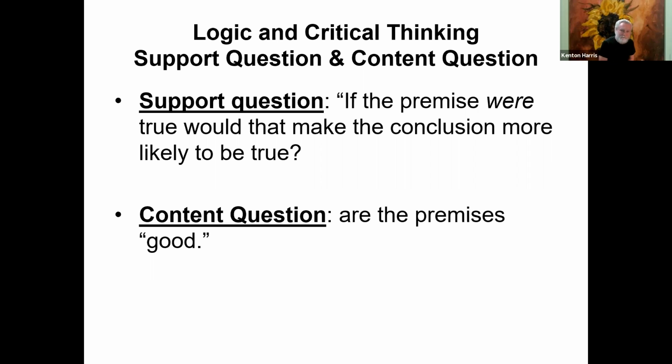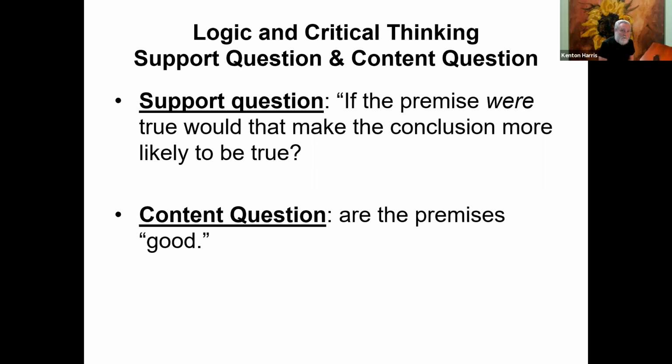Notice something else, that I phrased the question in such a way that it deals both with inductive arguments and deductive arguments. So in a well-formed deductive argument, not only would the true premises make the conclusion more likely, the true premises would assure the likelihood of the truth of the conclusion.